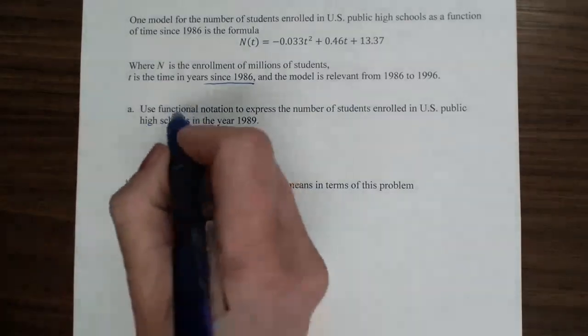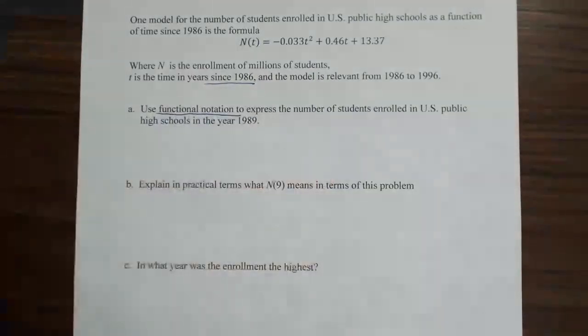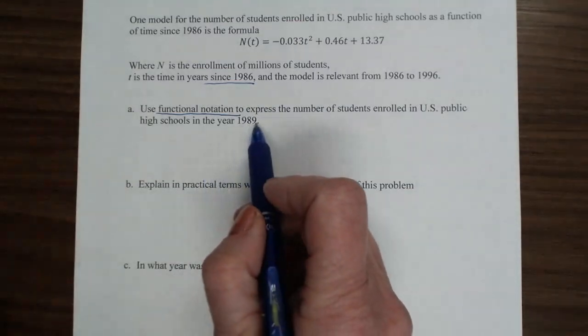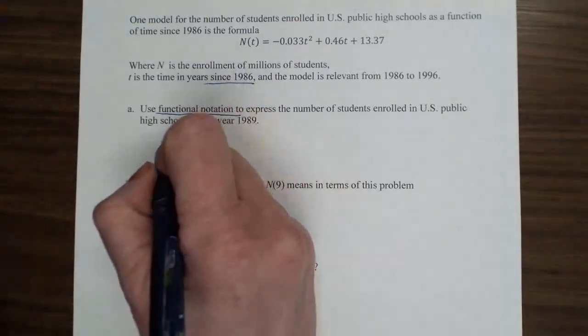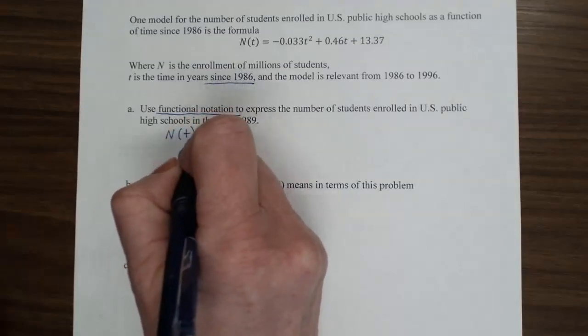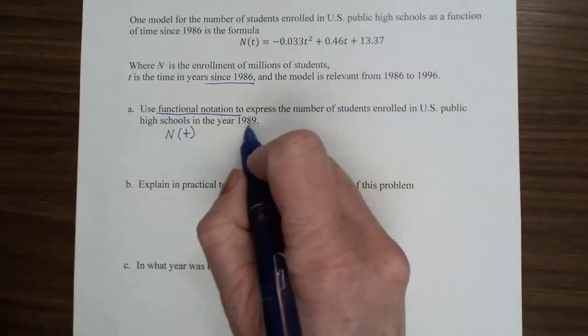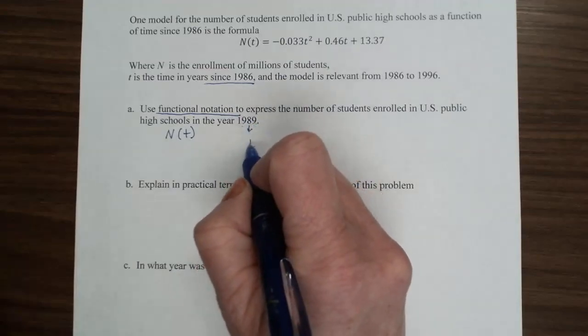Use functional notation to express the number of students enrolled in U.S. public high school in the year 1989. So we have a function N of t. What is our t in 1989?